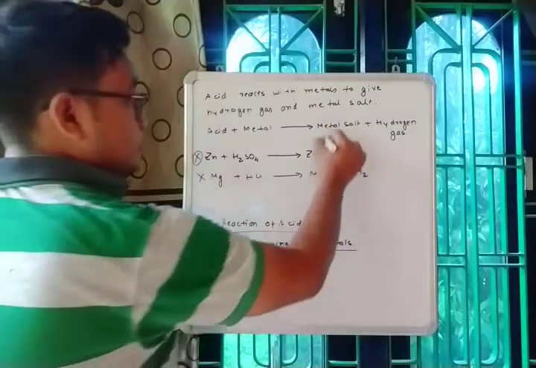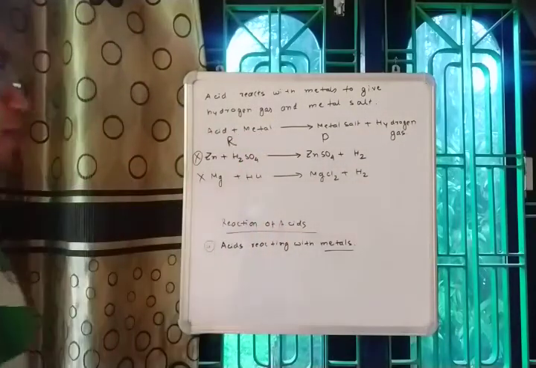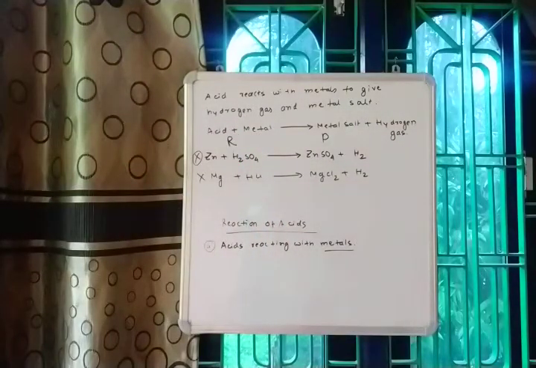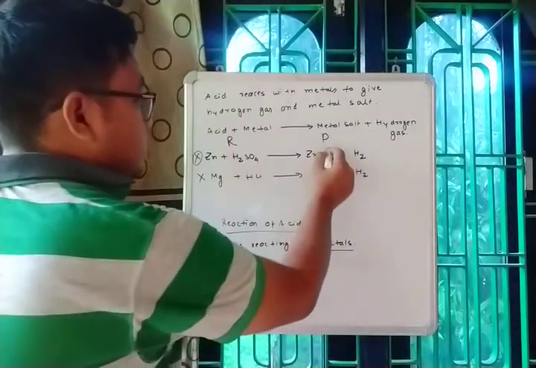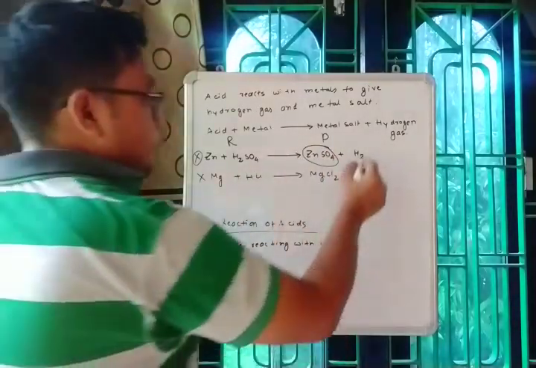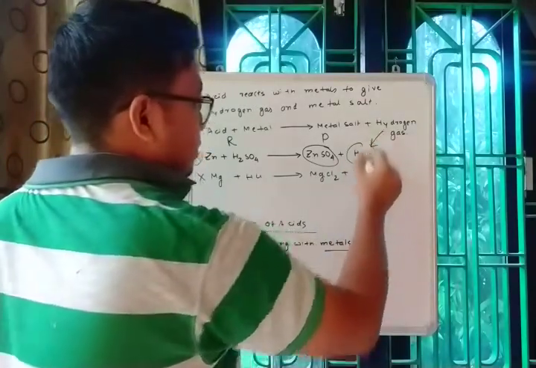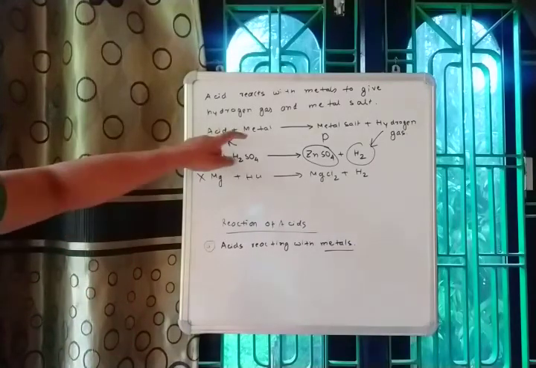This side is for products, this side is for reactants. One is the metal salt, zinc sulfate, and the other one is hydrogen gas. So in this kind of reaction, when acid reacts with metal, the products are almost fixed.